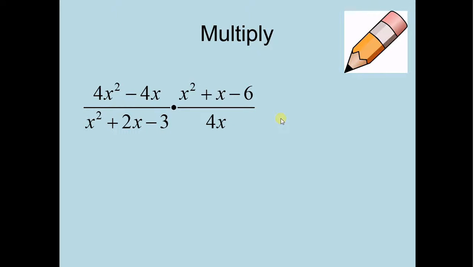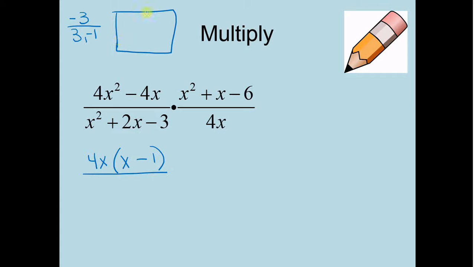Let's try factoring again. Now remember, when in doubt, factor. So this one looks like, take out a 4, and it looks like an x can come with, so I'll get x minus 1 inside there. Oh goodness, looks like this bottom part here, I need to do some AC method. AC of -3, a +3 and a -1 will give me that +2.